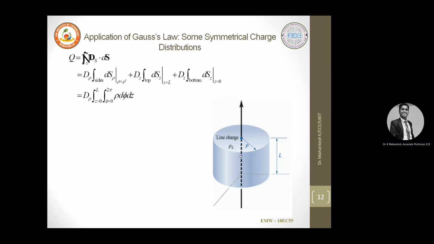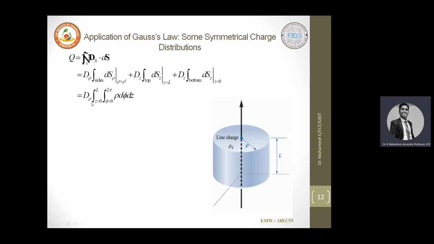As we have noticed in our previous discussion, the electric field intensity or the flux density radiates outwards in the radial direction only. Hence, the flux densities with respect to the top and bottom surfaces tend to 0. The remaining term is the closed surface integral with respect to the side.